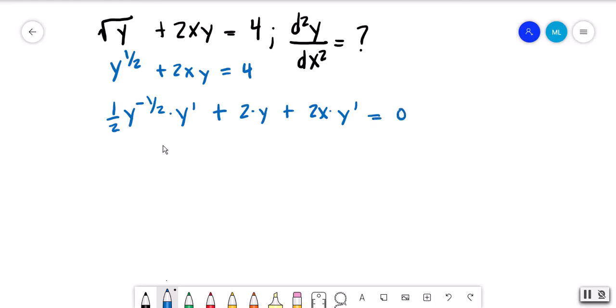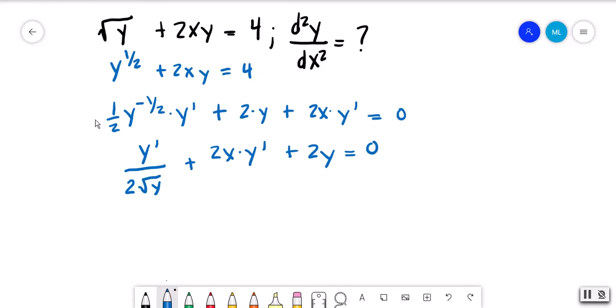Now the main thing I'm going to take note of is that if I rewrite this equation, I have y prime divided by 2 square root of y, plus 2x times y prime, and then plus 2y equals 0.